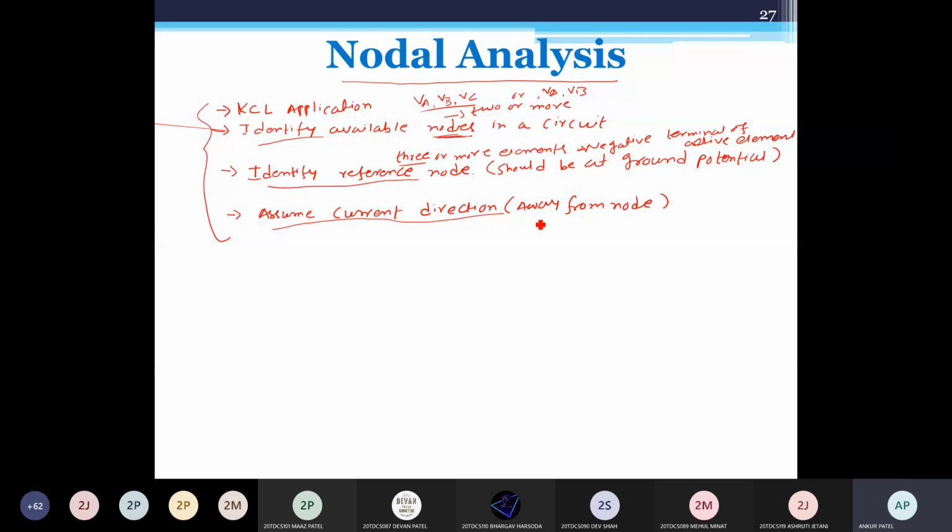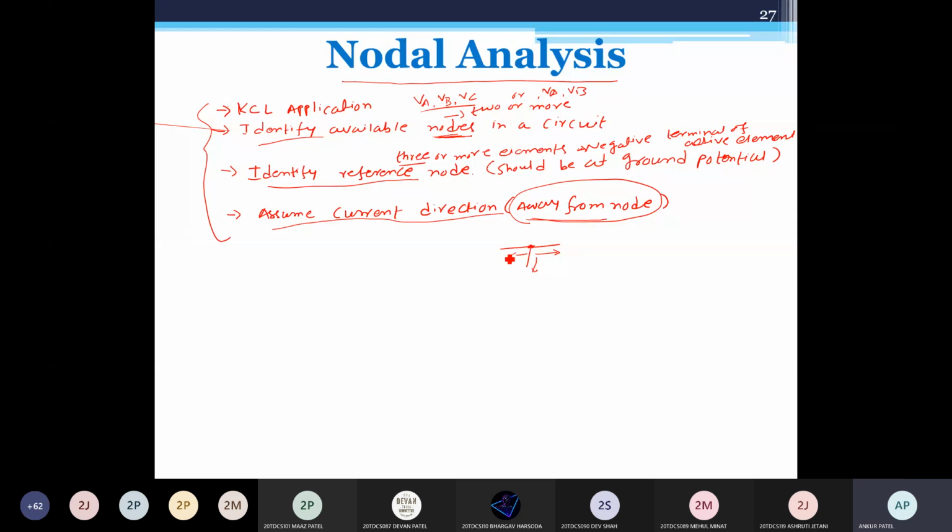So suppose we are considering away from the node, we are considering our node voltage to be comparatively higher. We are considering this positive node voltage, or higher value of node voltage, initially. As we know, current always flows from higher to lower potential. So just suppose one node is available, initially we are assuming away from the node.